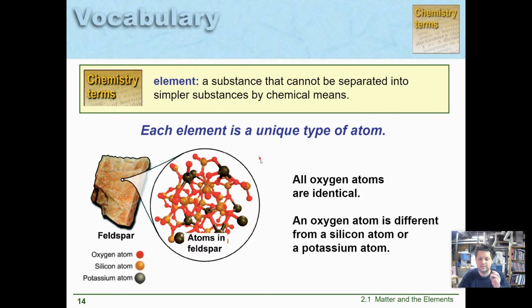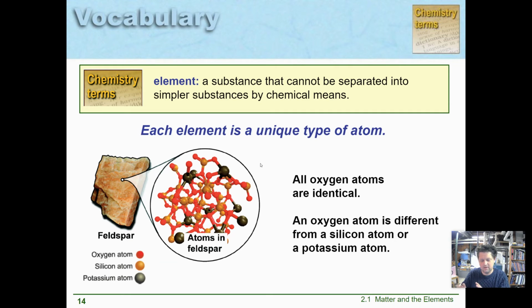An element is a substance that cannot be separated into simpler substances by chemical means. So I can take a substance like water and break it apart into its constituent parts, hydrogen and oxygen. I could take this feldspar and I could break it apart into oxygen and silicon and potassium. Those are substances.